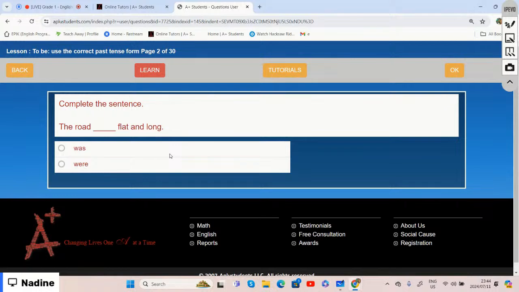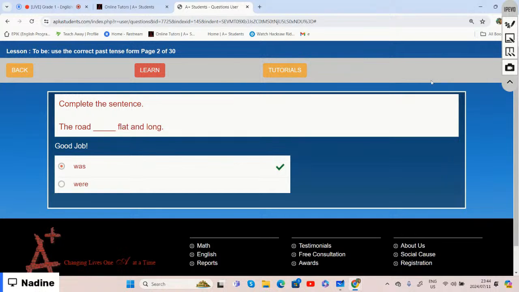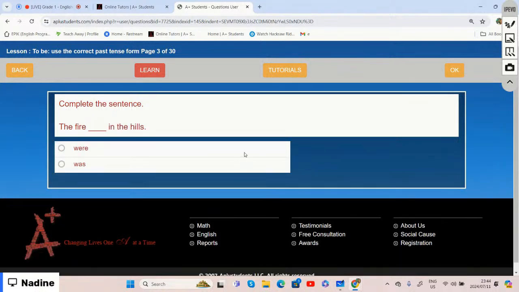If we were to choose the correct one, then yes, we can say the road was flat and long. So well done. Was is correct.